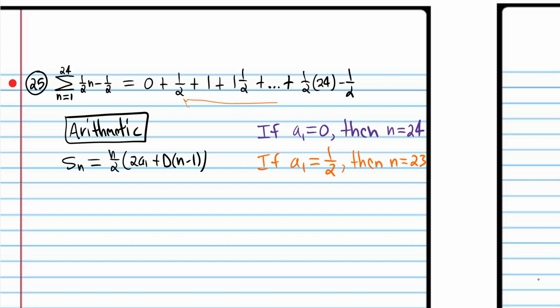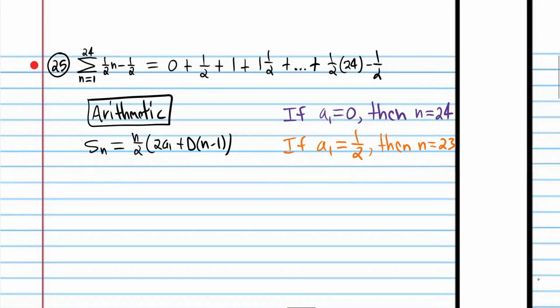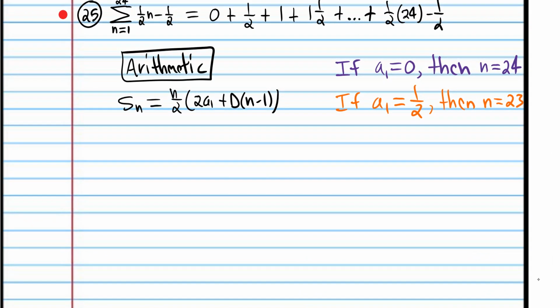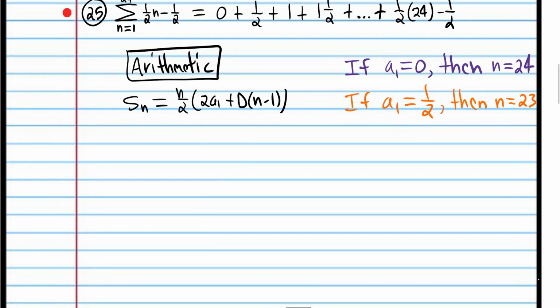So we're going to start here and add all these terms, and that's going to be a total of 23, because remember, the first term, n equals 1, was 0, so we're actually starting at n equals 2, and if we're going from 2 to 24, then there's actually 23 terms. So you can do it either way. And what we'll do is we'll actually do it both ways, just to show you that you're going to get the same answer regardless.